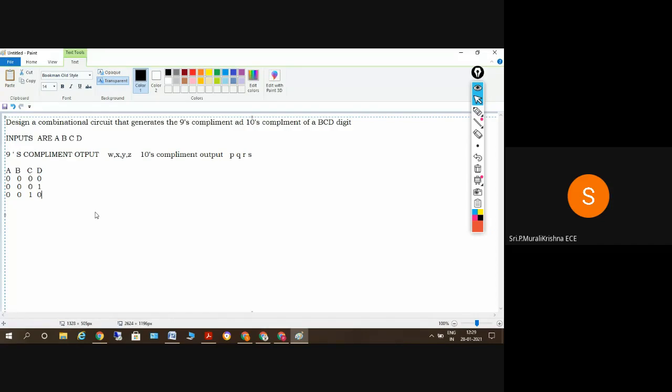So these are the inputs. Eight, and this is 9. Remaining all are unused combinations.